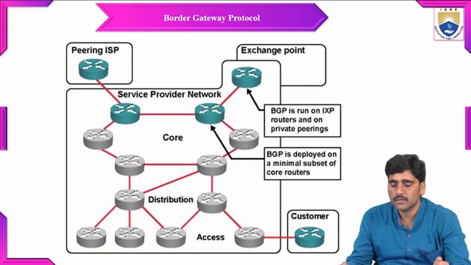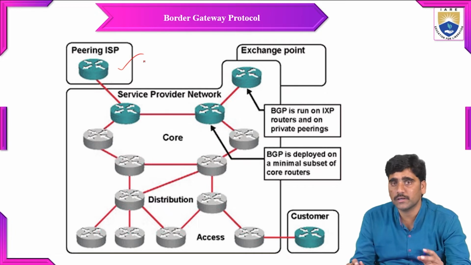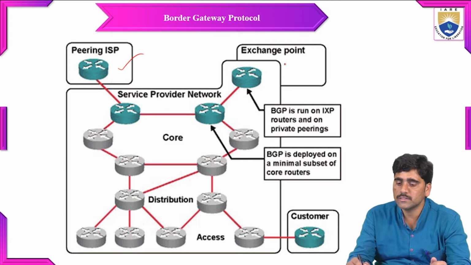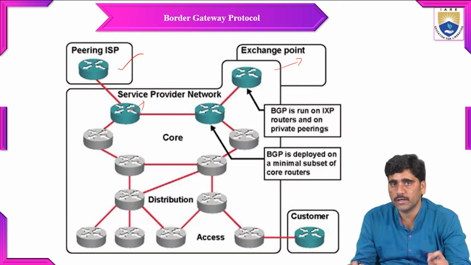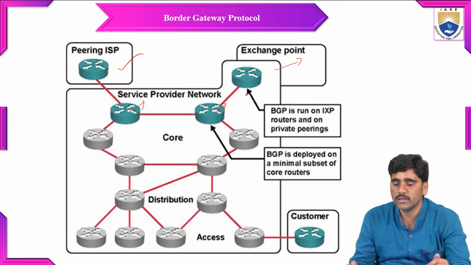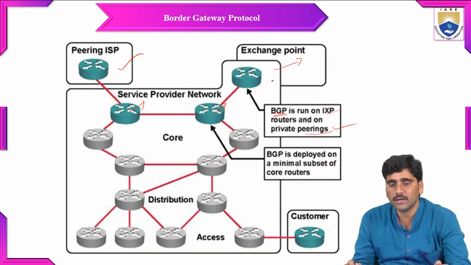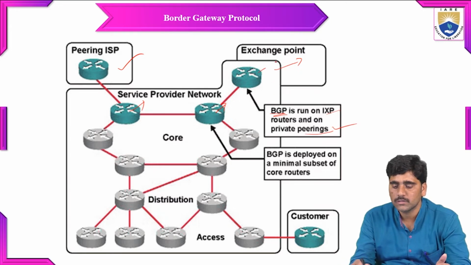Here in the structure, this is the peering ISP, that is the internet service provider, this is the exchange point, and these are network service providers. Here the Border Gateway Protocol is run on internet service provider routers and on private peerings. This is an external peer and these are the internal peers.